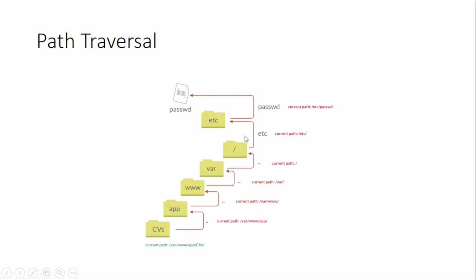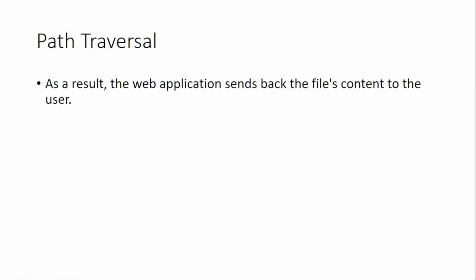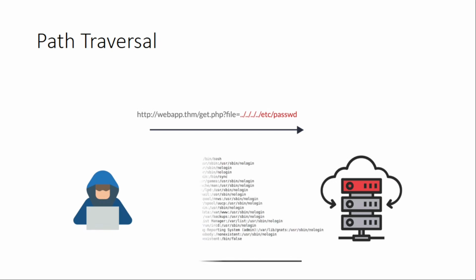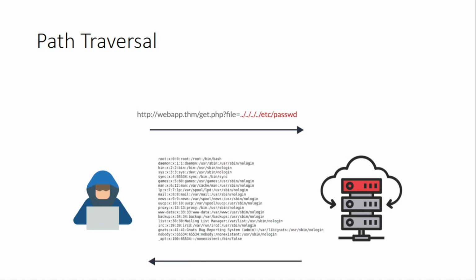Then we'll add the rest of the path, which is etc to get to the etc directory, and then the name of the file, passwd. As a result, the web application will send back the file's content to the user. So the attacker sends the request like this, and then the web app will send back the passwd file content.